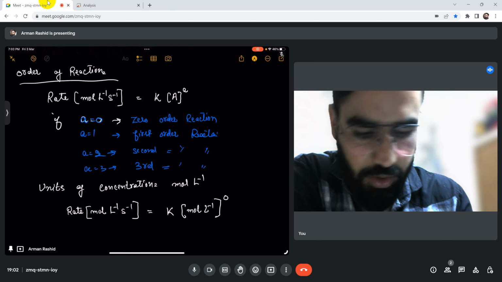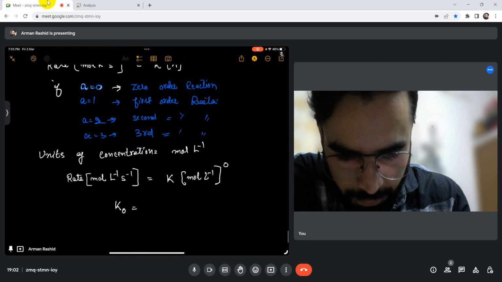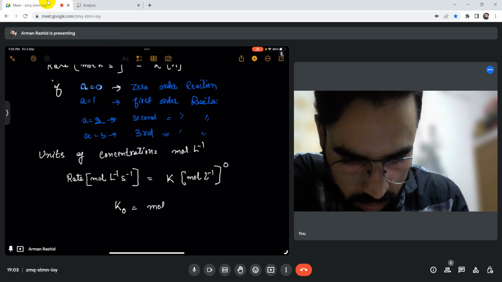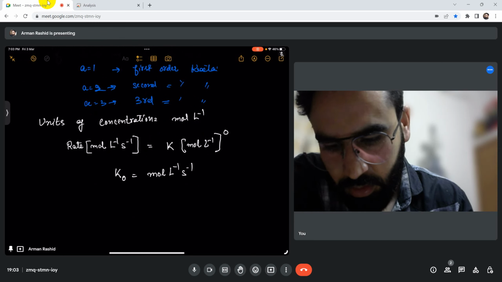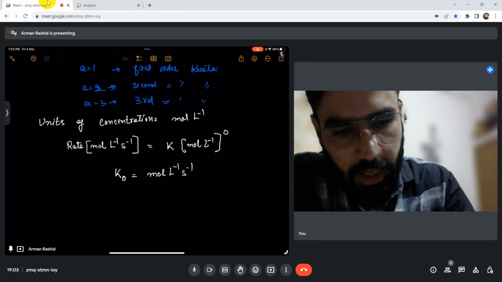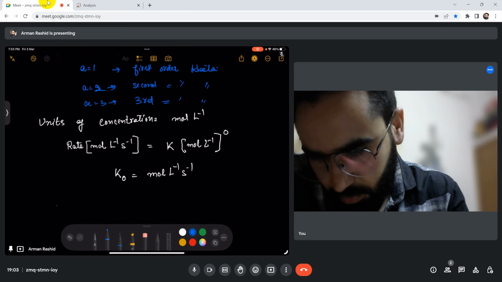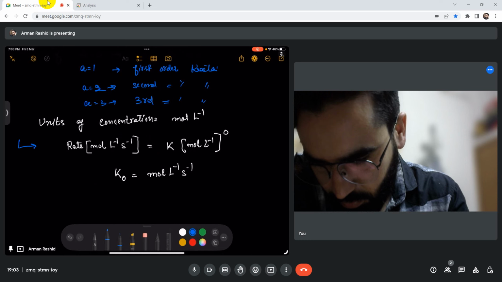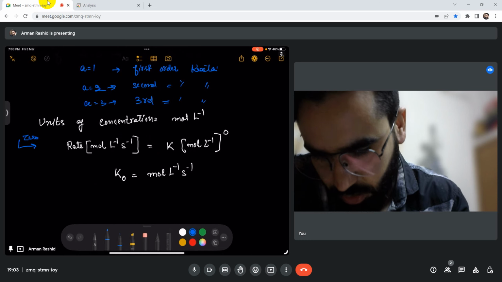Since anything raised to the power 0 is 1, the units of K for a zero order reaction are mole per liter per second.